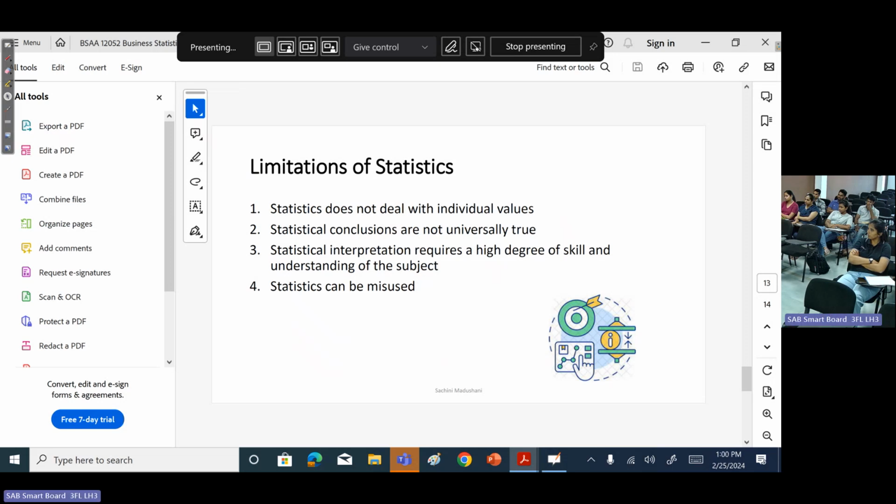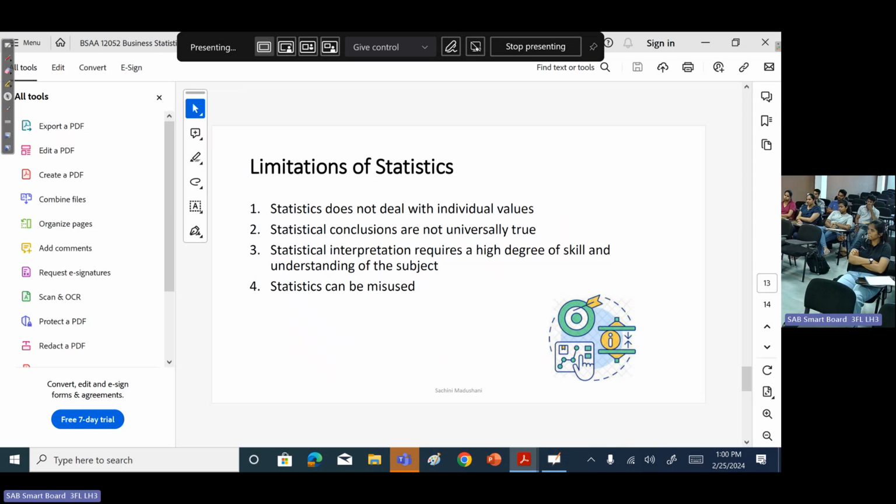Another one is that statistical interpretation requires a high degree of skills and understanding of the subject. Using any statistical software, SPSS or Python, we feed the data set and take the output. There are so many numbers, but we cannot understand them easily. We need a high degree of skills to read the data set and the output.